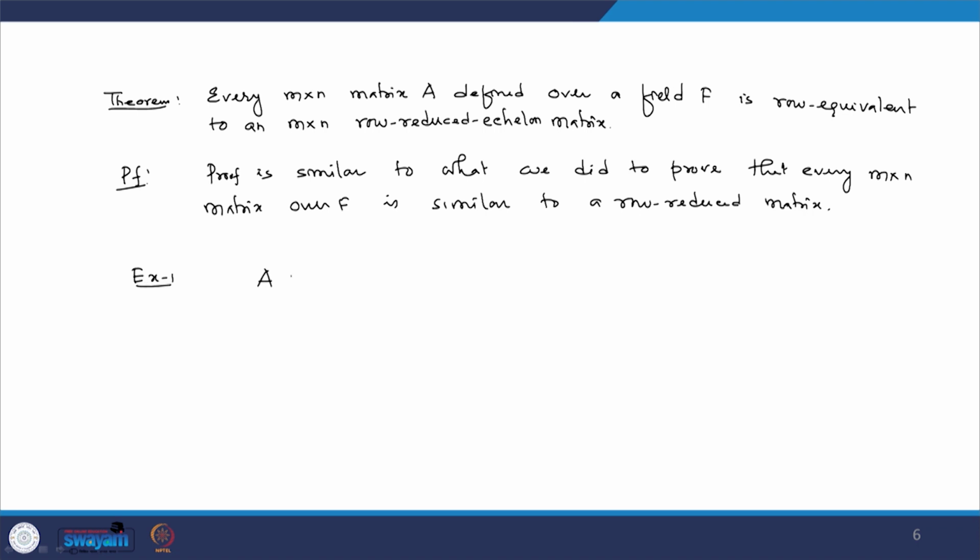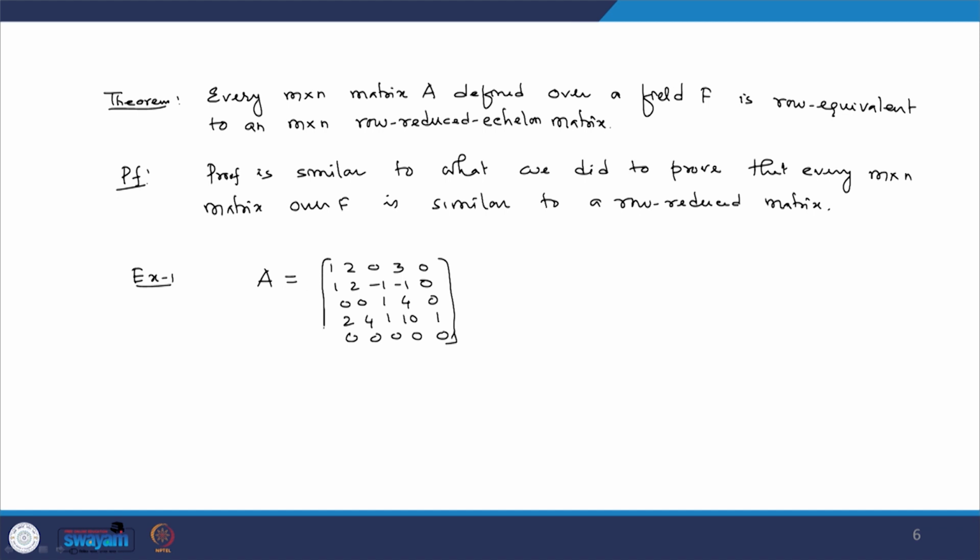Say capital A equal to, with rows including 2, 4, 1, 10 and 1, 0, 0, 0, 0, 0.